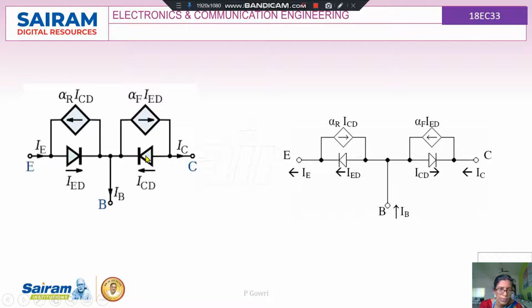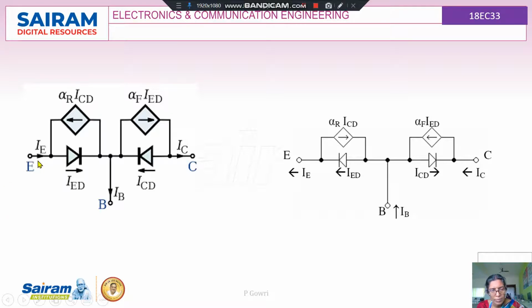This will be connected to the positive terminal of the battery, and this end is the base, which is common here. Coming to the current sources, alpha R is the current gain of the transistor, and R stands for reverse, so it is the reverse current gain, and ICD is the current coming from the collector diode. Similarly, alpha F is the forward current gain, and IE is the current in the emitter junction.